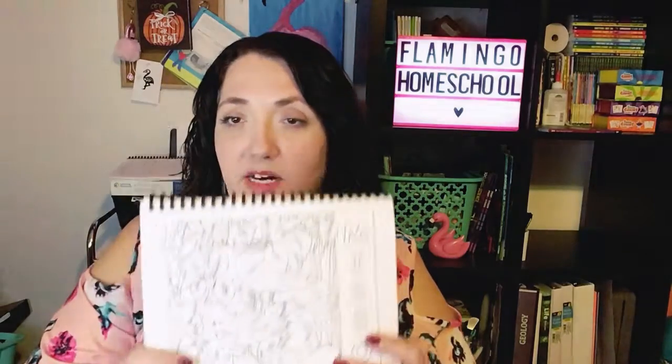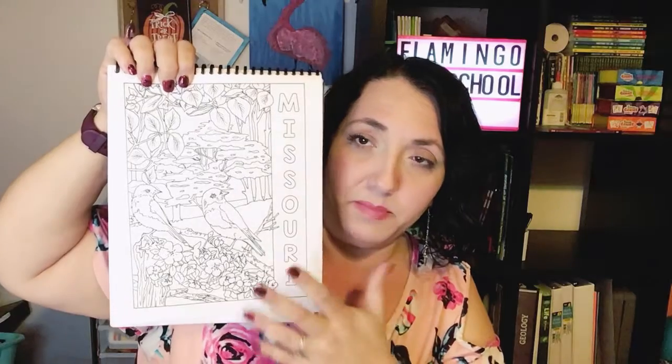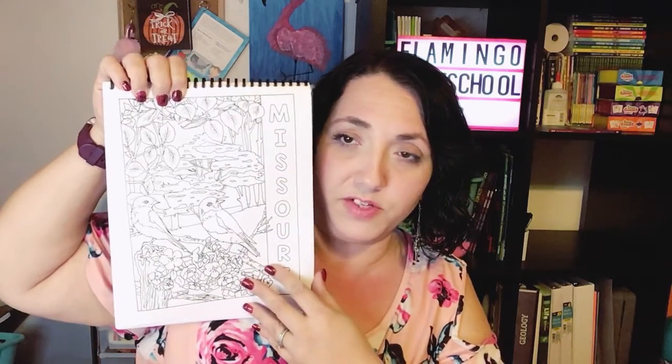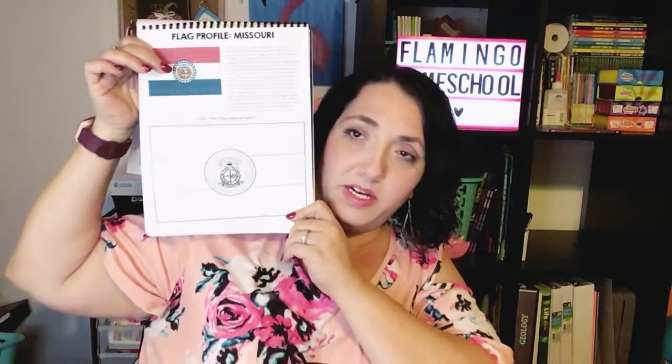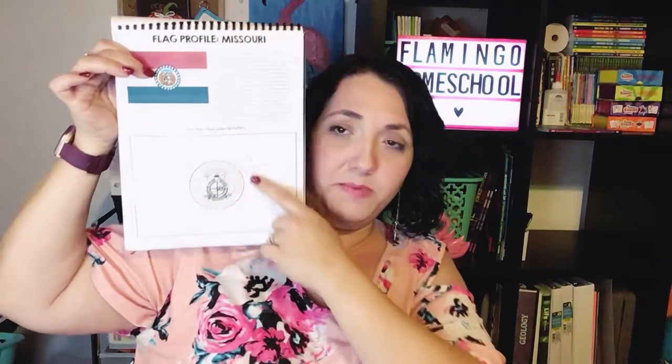So I'm going to show you an example of one of the states. Her husband illustrates a beautiful coloring page for each state. And then you have the flag profile. Sorry about that, it's so bright. Okay, so you have the flag profile, and then you have information about the state, so they get to color the flag, and that way they can learn what the flag is.